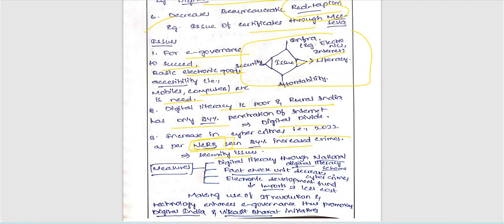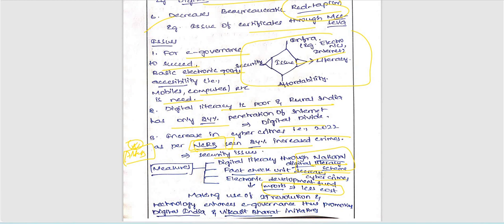Very good. These types of facts, data or relevant examples are needed in an assess type of question. Next, measures: digital literacy through National Digital Literacy schemes, as we explained in the explanation part. A fact check unit decreases cyber crimes, and also the electronic development fund, imports and lower costs are very important here.